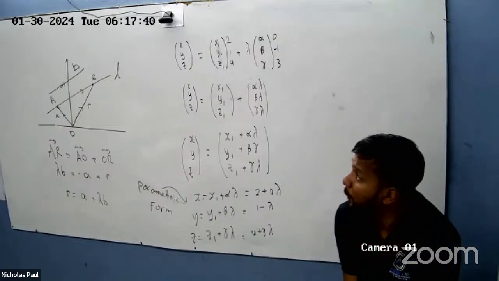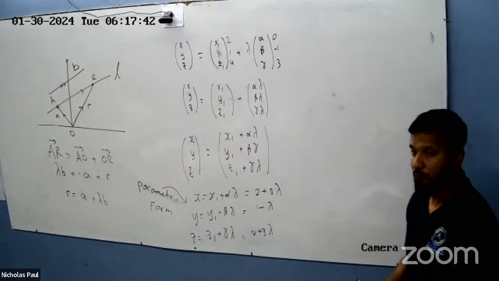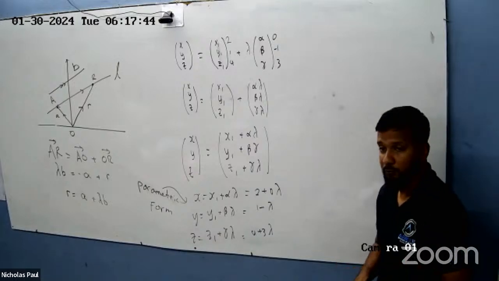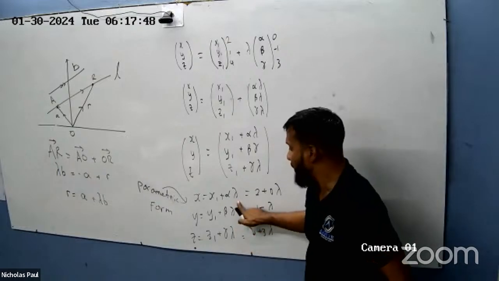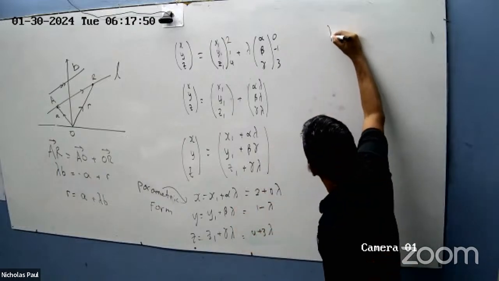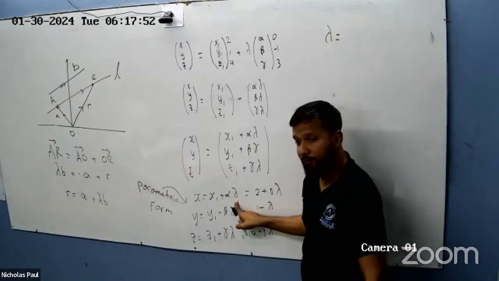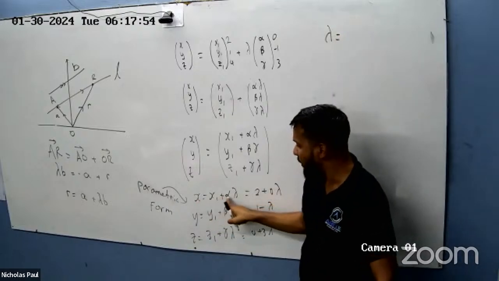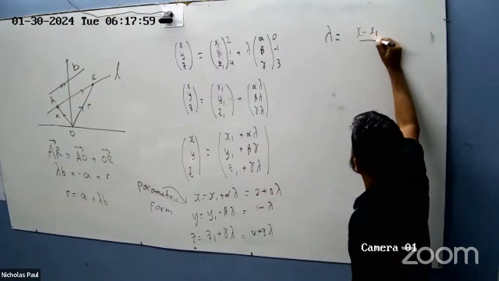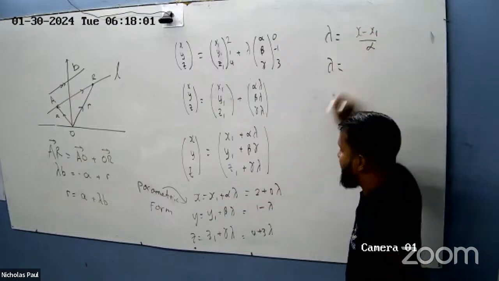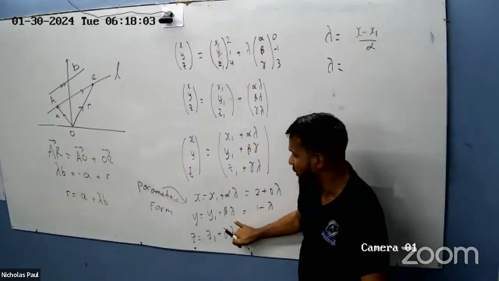How we can remove lambda? Can I make lambda the subject everywhere? If I make lambda the subject here, what will I get? X minus x1 over alpha. If I make lambda the subject here, what will I get?